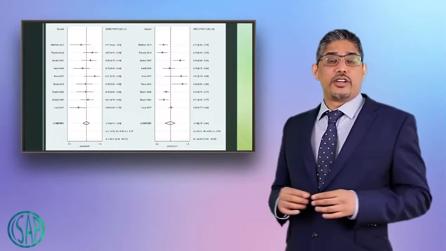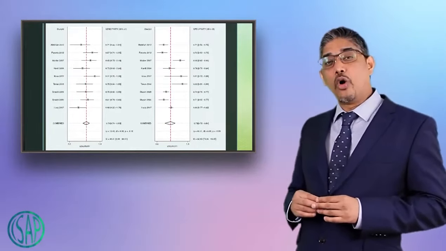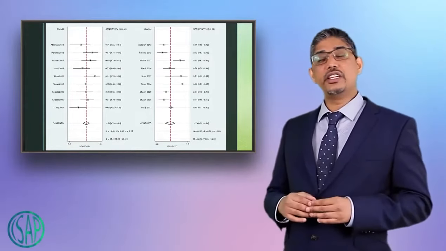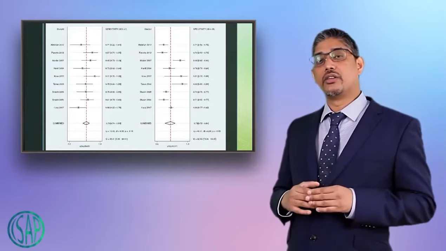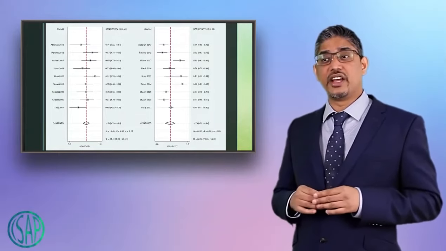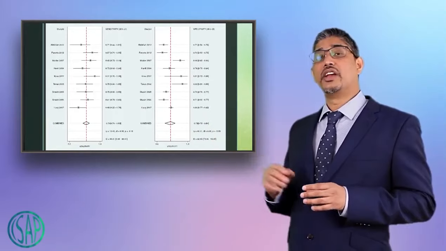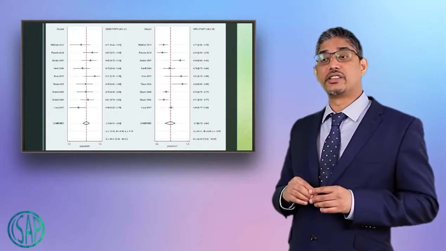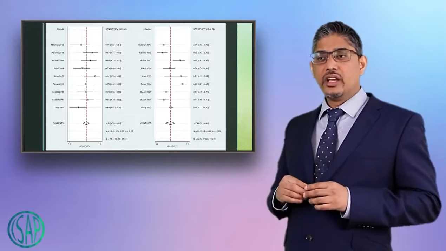The forest plot, you can see, is a beautiful graphical representation of all the included studies. In one picture, you get all the studies on your left hand corner, and then a graph itself in the center, and then their individual estimates with their 95% confidence intervals, showing how each study differs from each other.